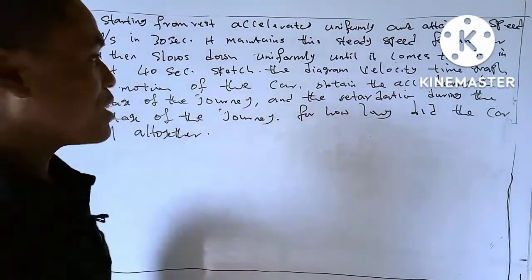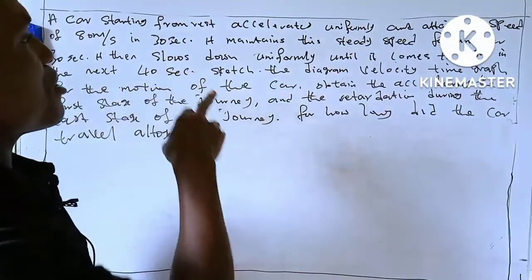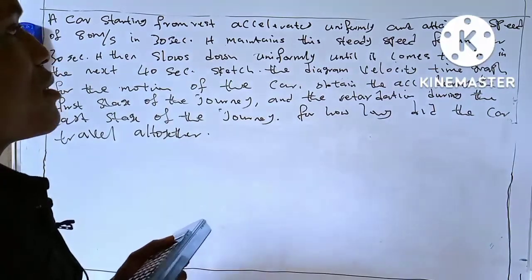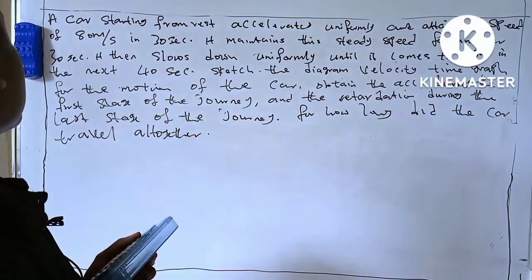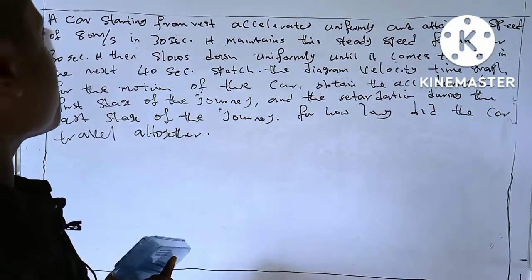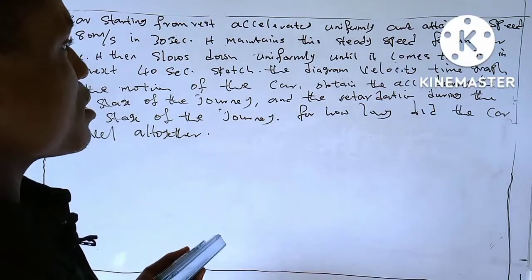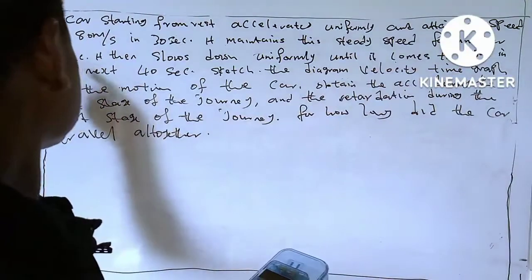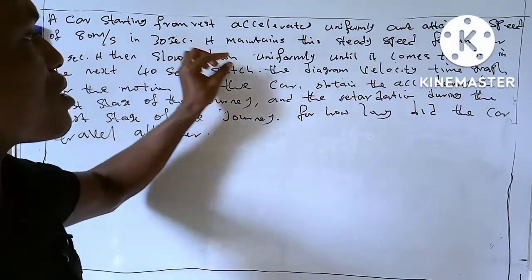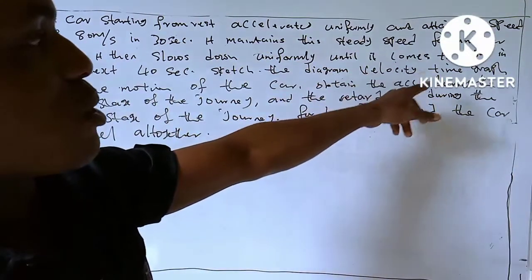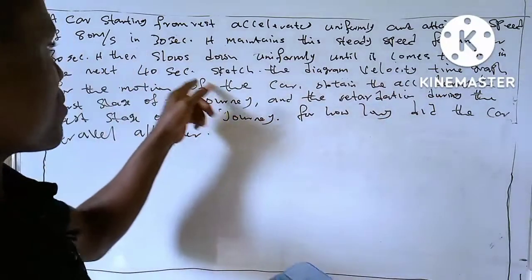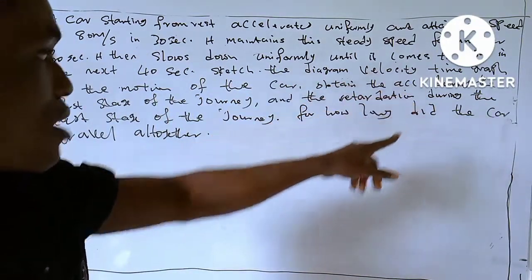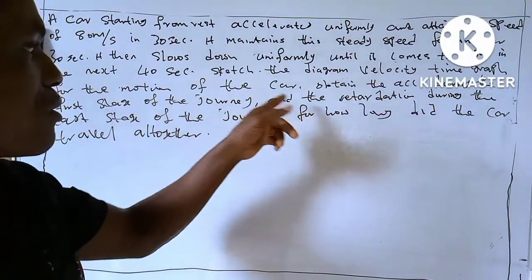This one is very big. A car starting from rest accelerates uniformly and attains a speed of 80 meters per second in 30 seconds. It maintains this steady speed for another 30 seconds. It then slows down uniformly until it comes to rest in the next 40 seconds. Number one, sketch the velocity time graph for the motion of the car.